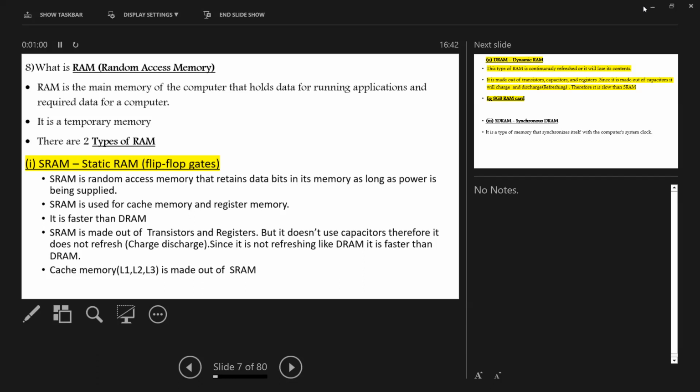Since it is not refreshing like dynamic random access memory, it is faster than the DRAM, because DRAM contains capacitors but SRAM doesn't. Cache memory L1, L2, L3 is made out of SRAM.